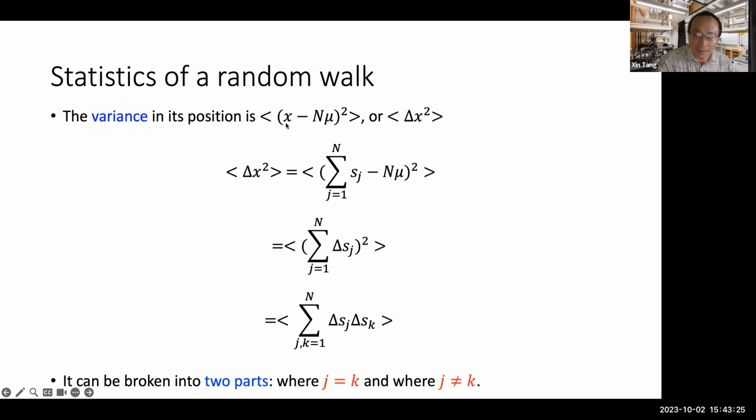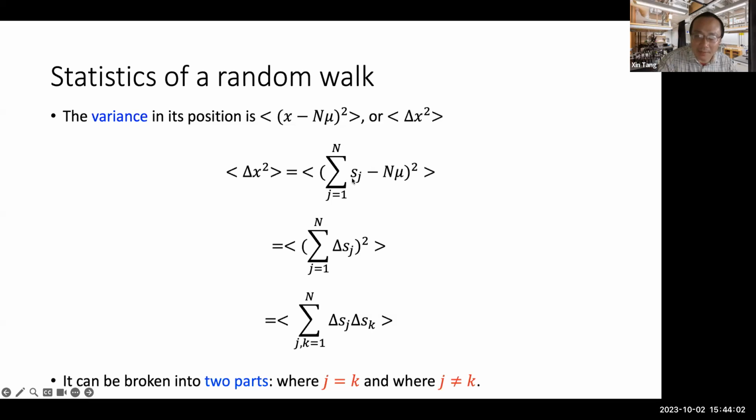This one, if we put the expression of x in, then it's a summary of all steps added in, minus n mu squared, take the mean, right? And then here you have n mu. Here you have n steps. If you take each step minus mu, where mu is the mean of each step distribution, then n values of step minus n values of mu, you can rearrange it into n terms added together.